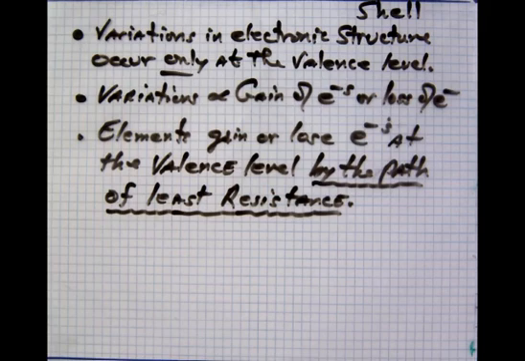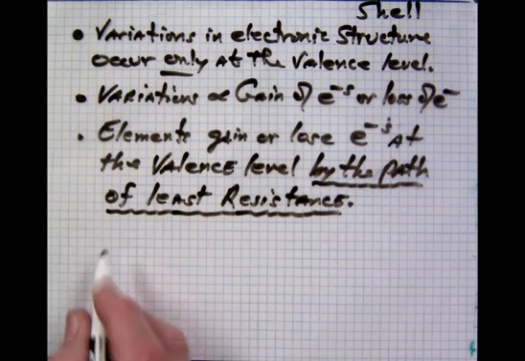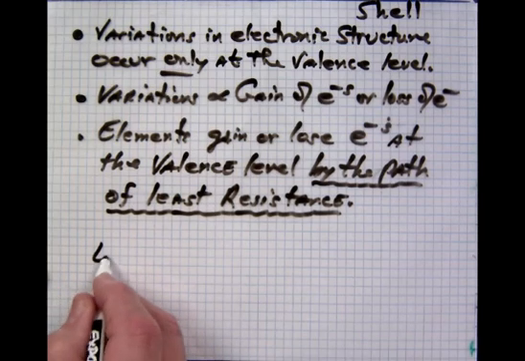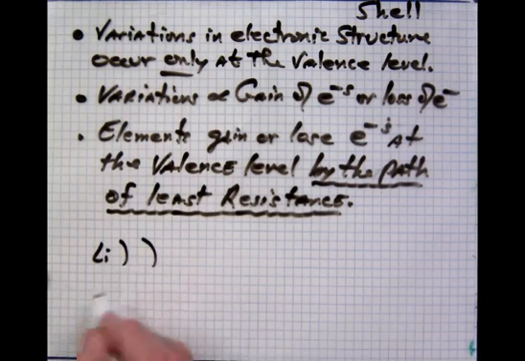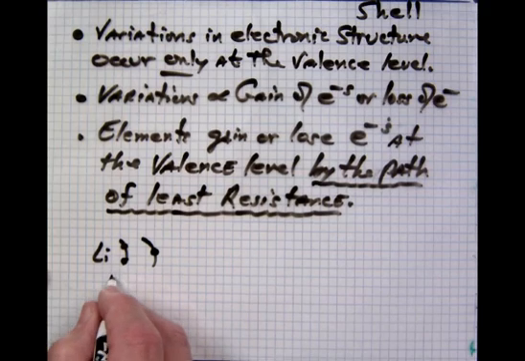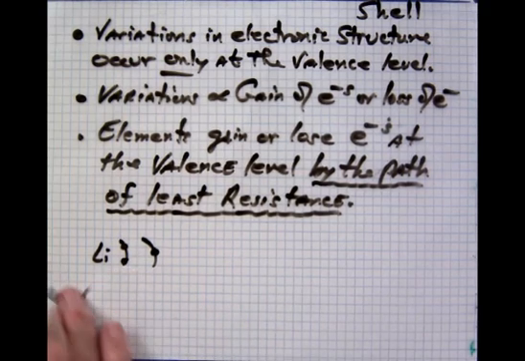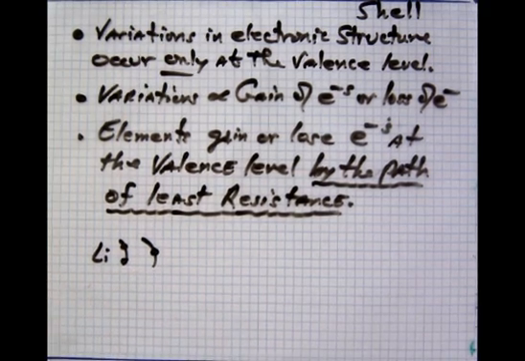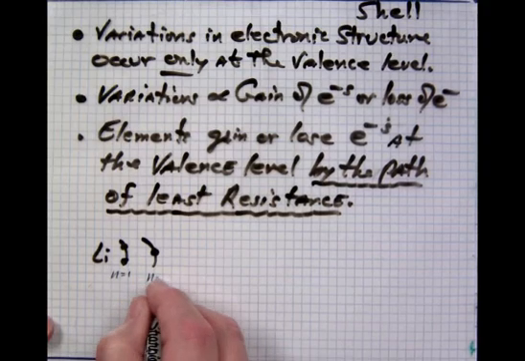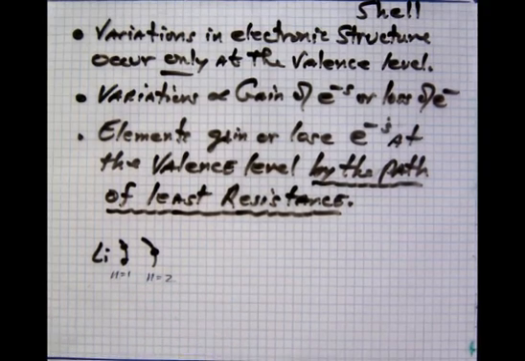What does that mean? That means if you are considering elements that have 1, 2, or 3 electrons in the valence shell, say we talk about lithium, for example, it has 2 rings around it, with 2 electrons in n equals 1, and 1 electron in n equals 2.